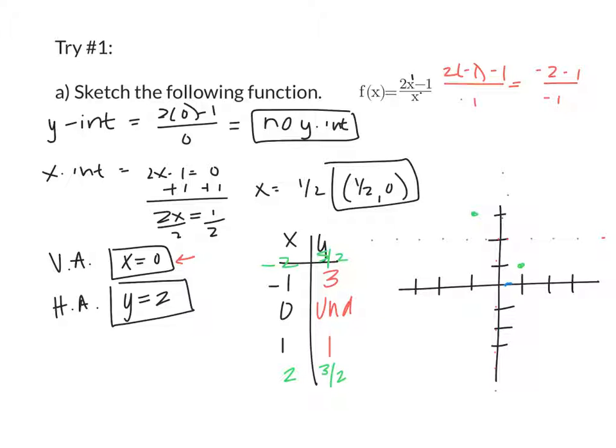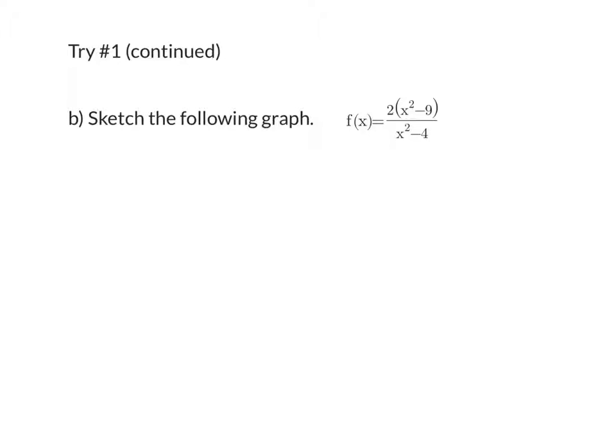So if we plot those, -2 and then 2.5, that'd be a little lower. And if I plot 2 and 1.5, that's a little higher. So this graph will essentially make this shape here. And that's it. Let's take a look at our next problem.